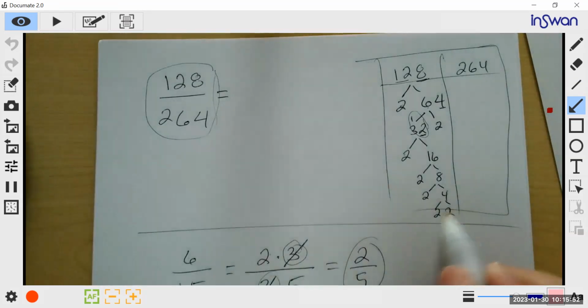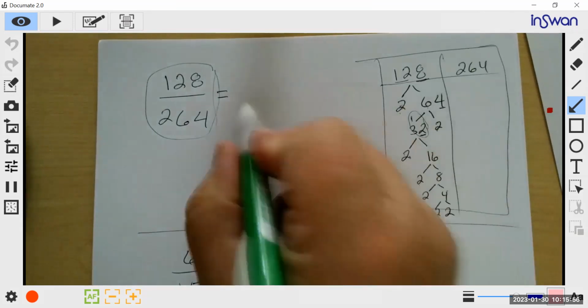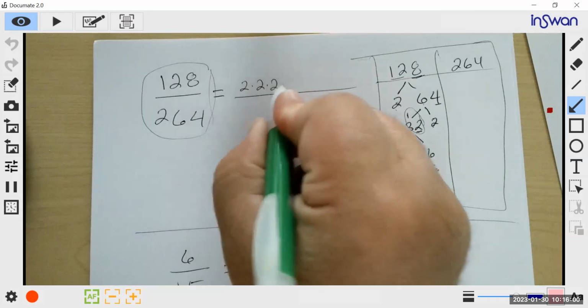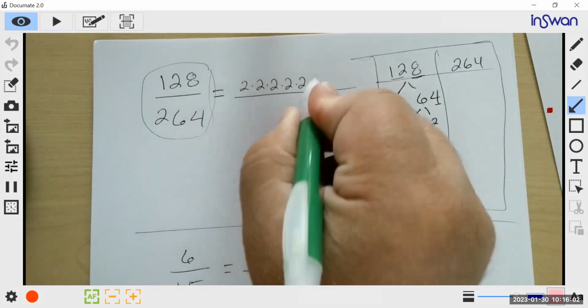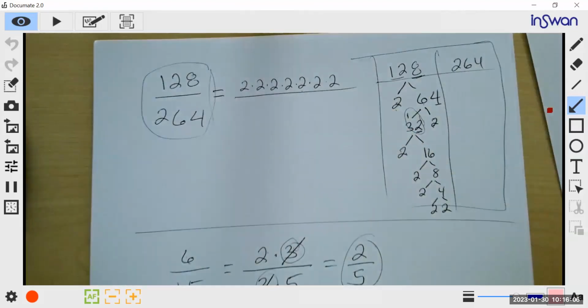So it's 1, 2, 3, 4, 5, 6, 7. There's 7 2s. 2 times 2 times 2 times 2. That's 128.